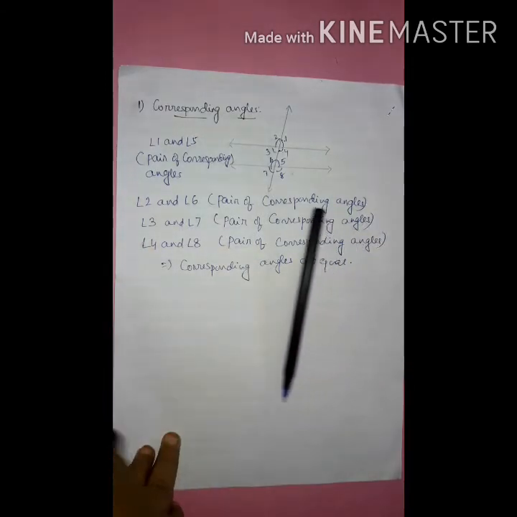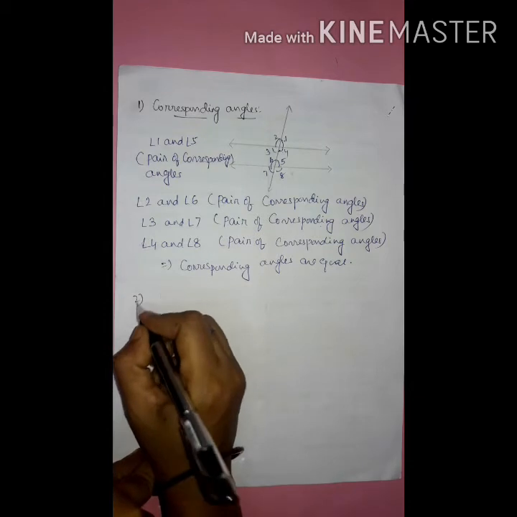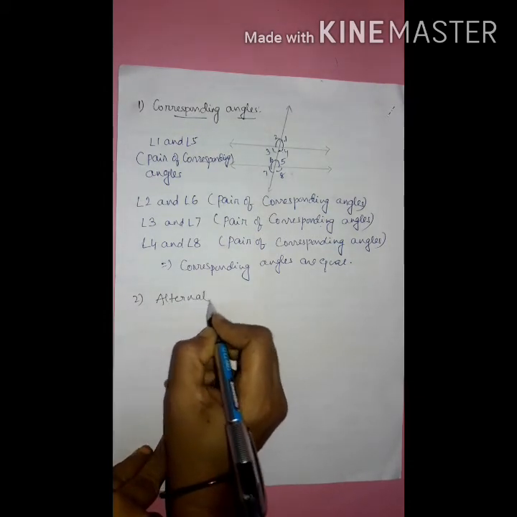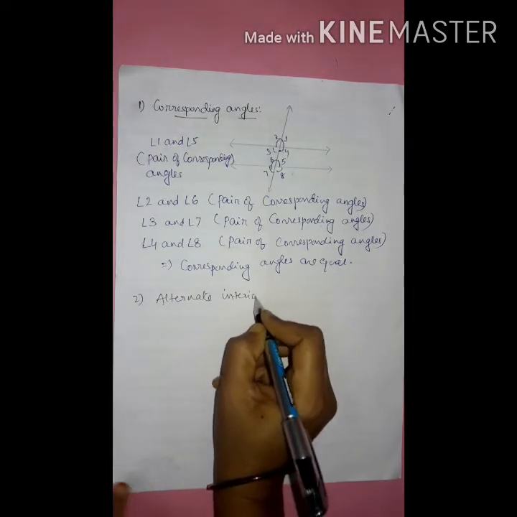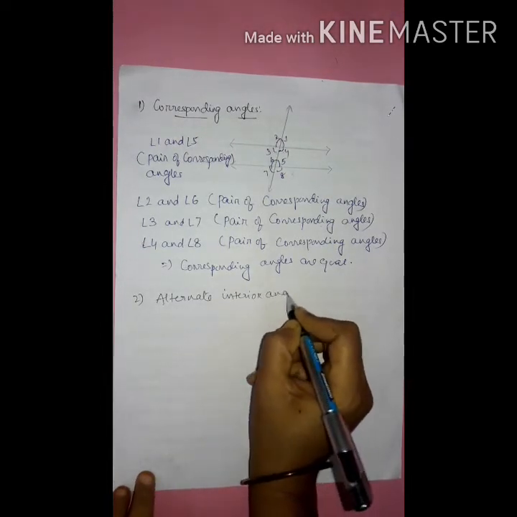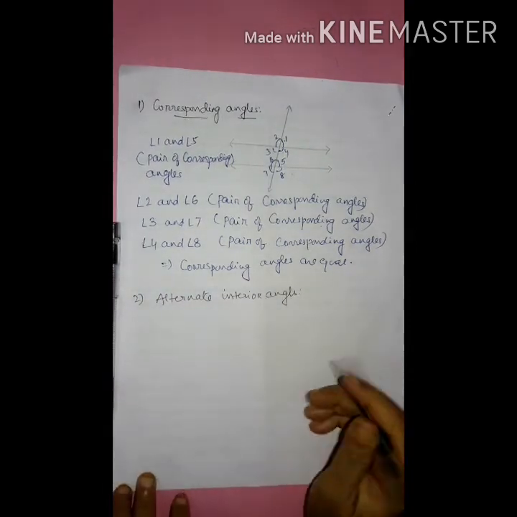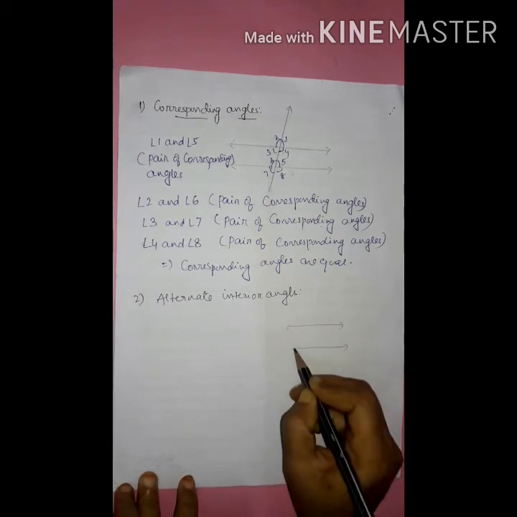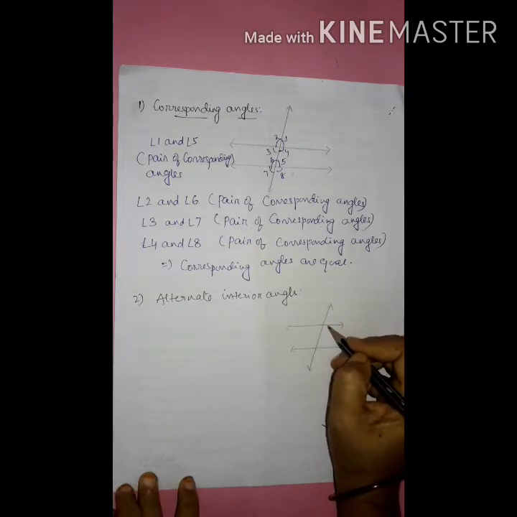Next is alternate interior angles. Here you will draw alternate interior angles like this. Interior means inside, between the two parallel lines.